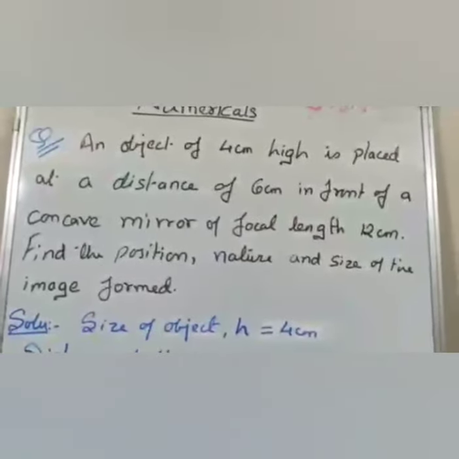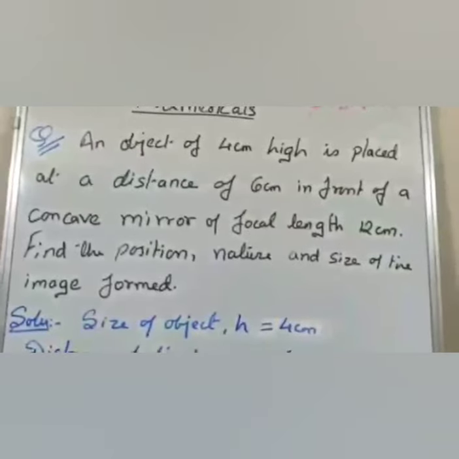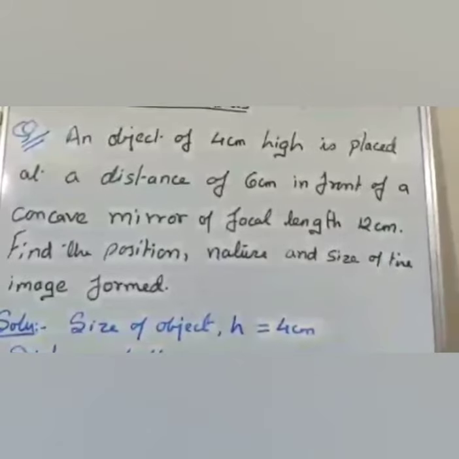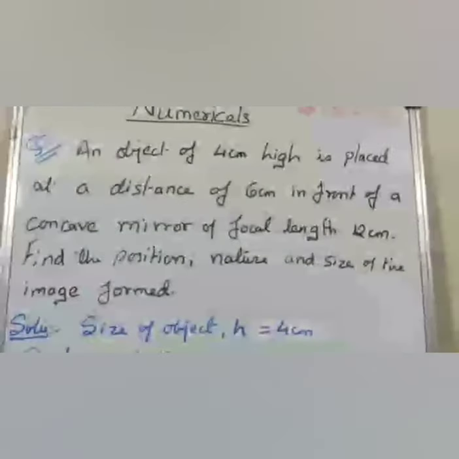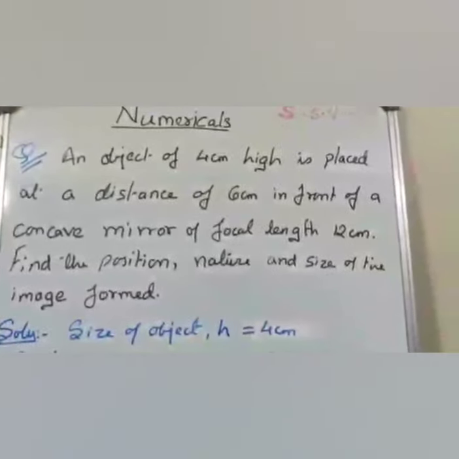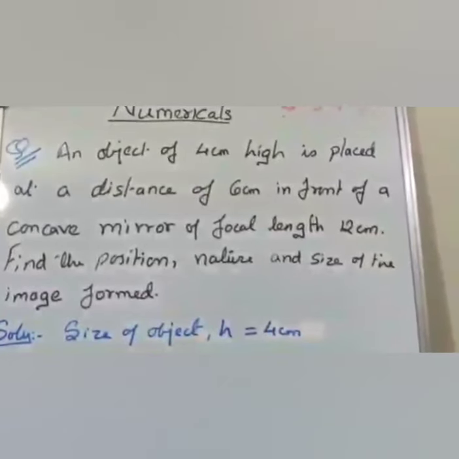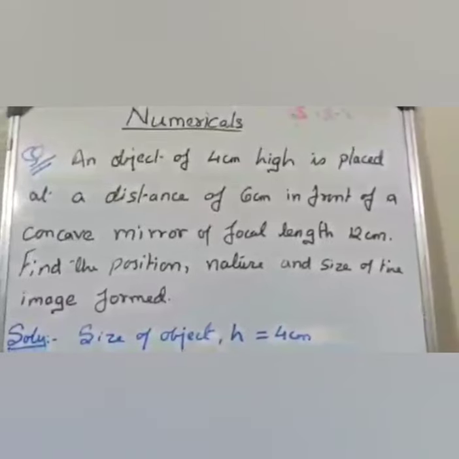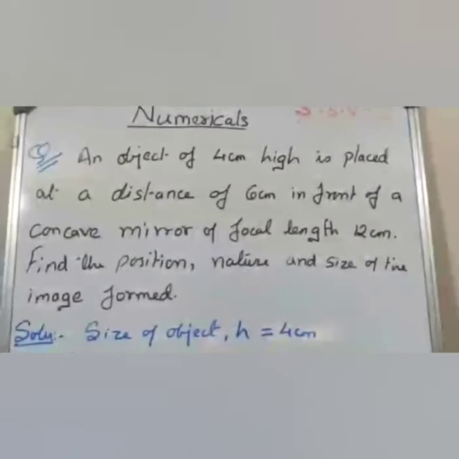Focal length is also in front of the concave mirror, so it will become minus 12. Find the position, nature and size of the image formed. Size of the image means h dash, and position means v.